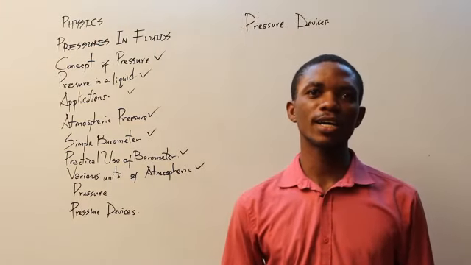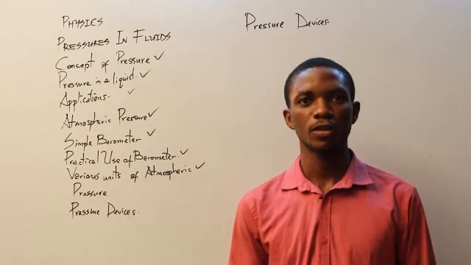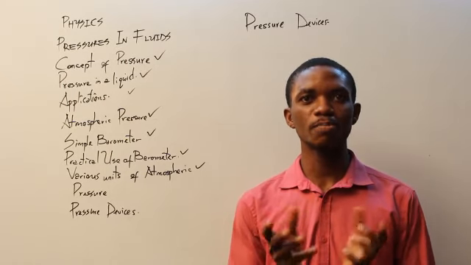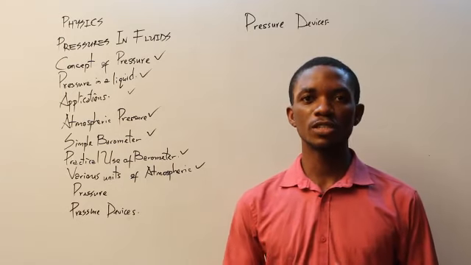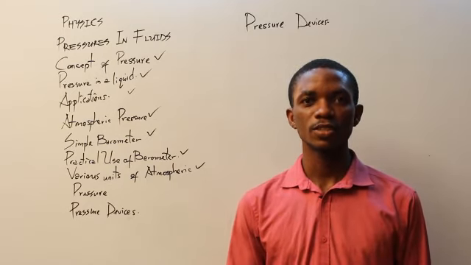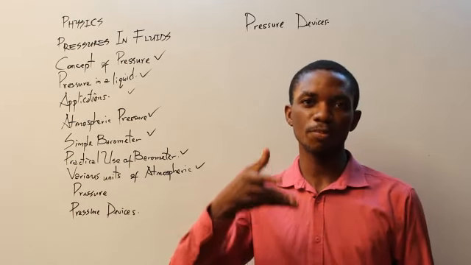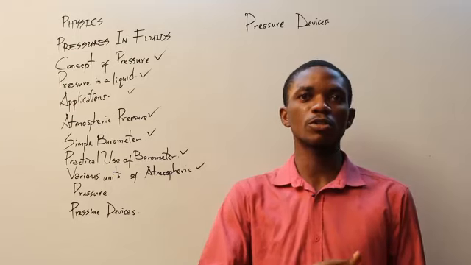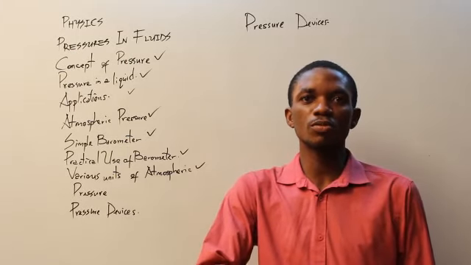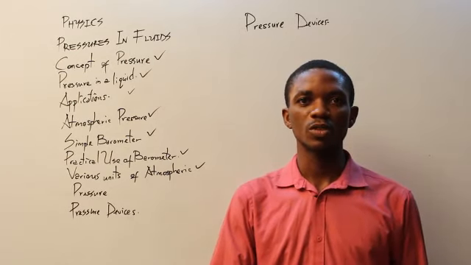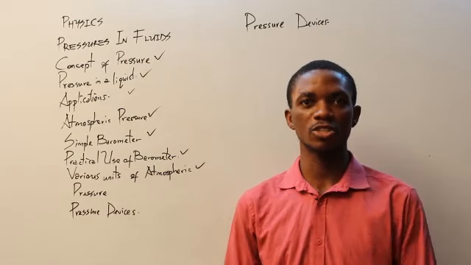Okay, let's consider some of the applications of pressure in our day-to-day lives. On your screen right now, you'll be seeing a medical syringe. For one to use the syringe to inject a patient, you need to pull the piston of the syringe back, after putting the needle into the drug, to pull into the tube of the syringe the liquid, the medication you want to inject into the patient.